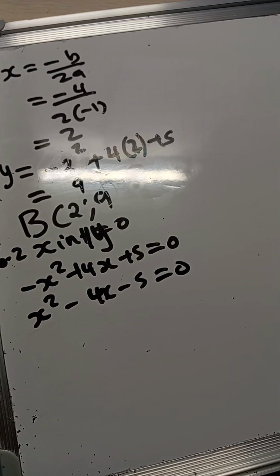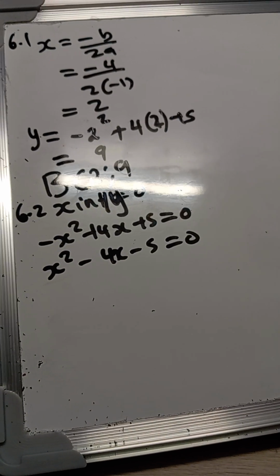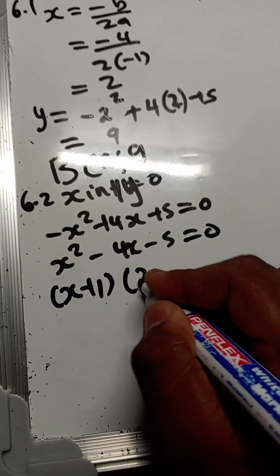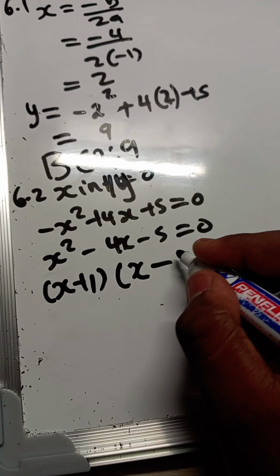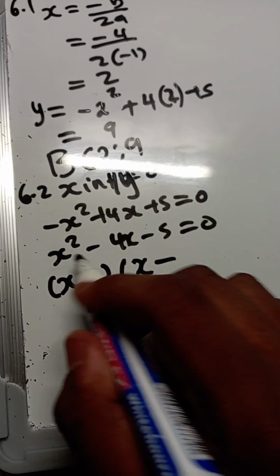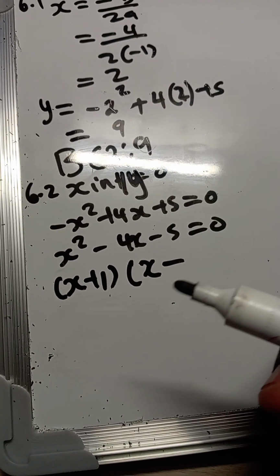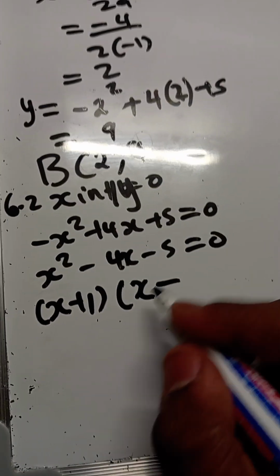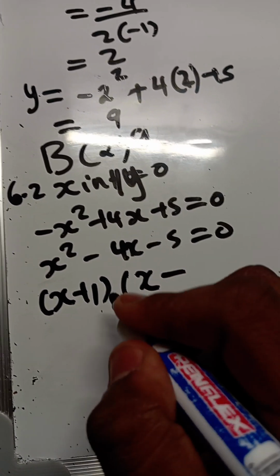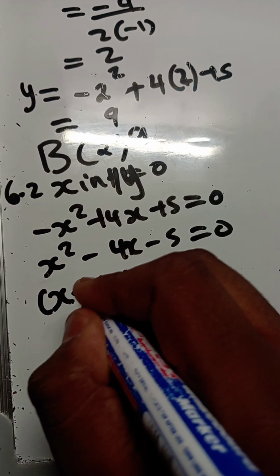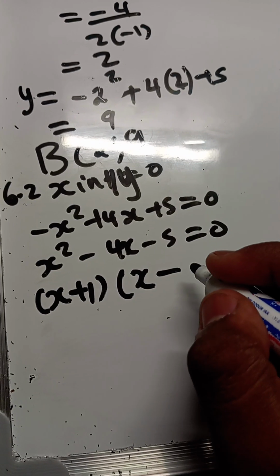Since I have x squared minus 4x minus 5, when I factorize I'm going to get x plus 1 for the first factor. The second one has to be what? Let's check our factors now. The other one has to be negative.